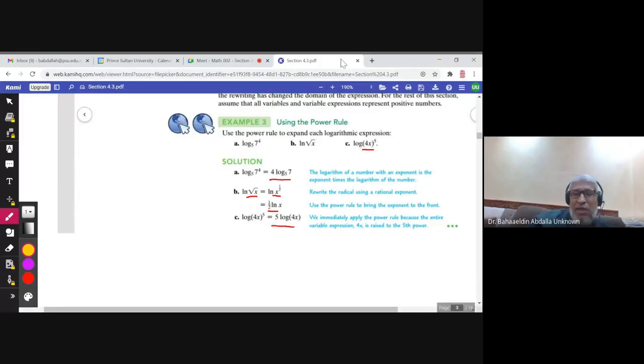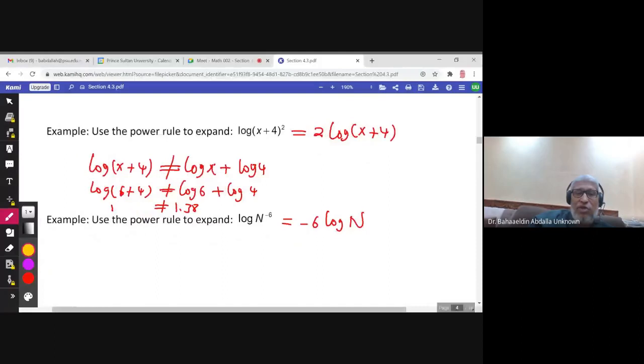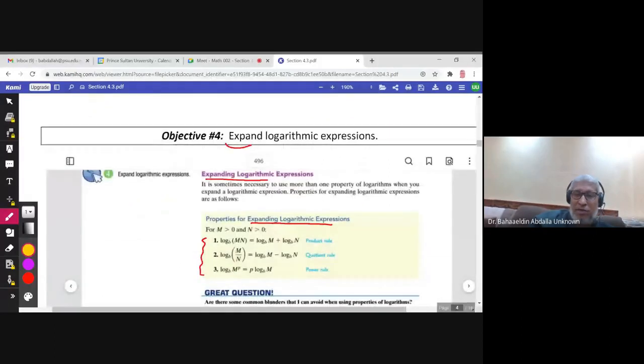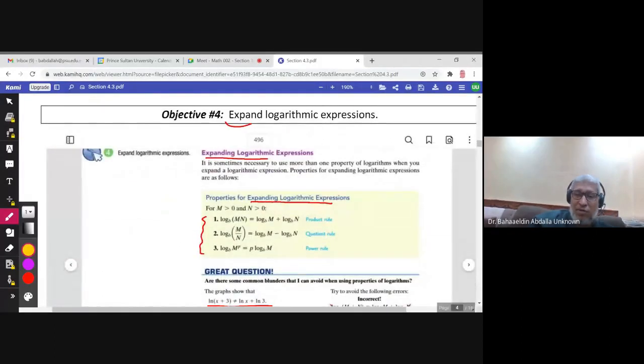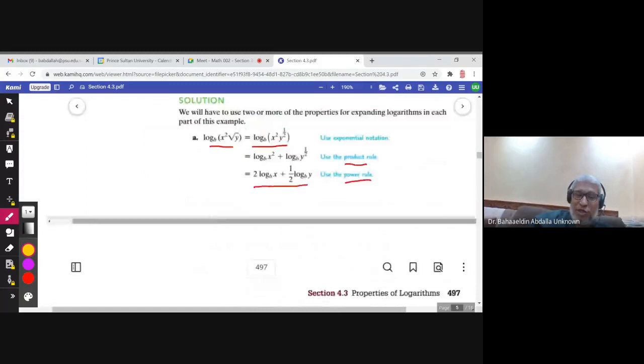We are still in section 4.3, and we mentioned three properties of the logarithmic function, and we studied how to expand logarithmic expressions.